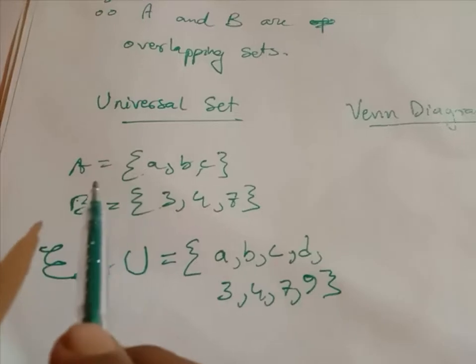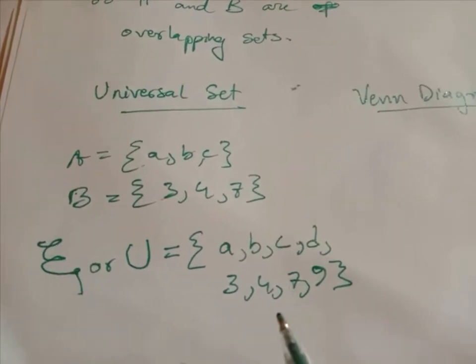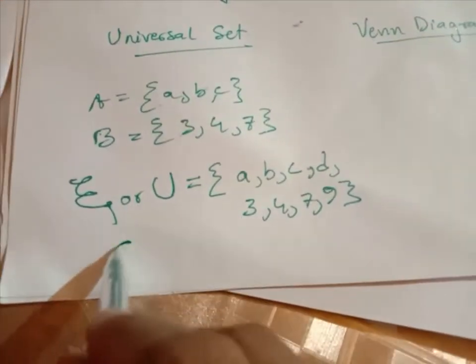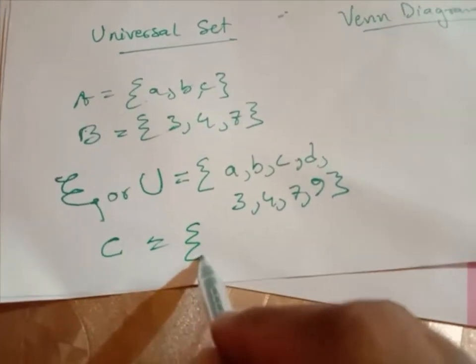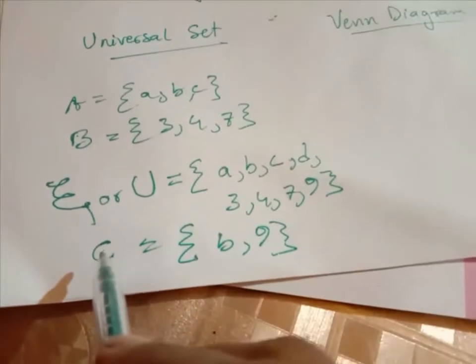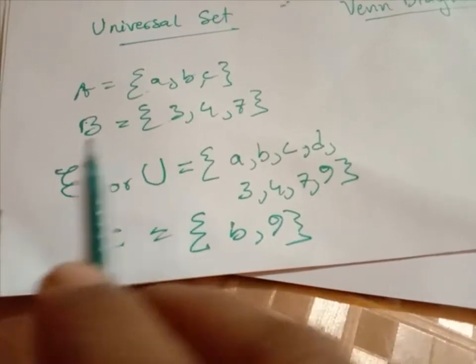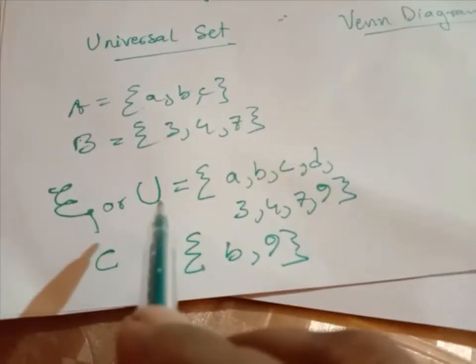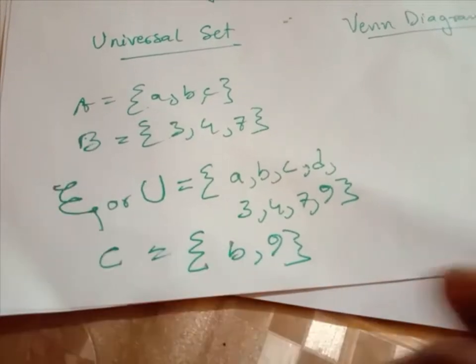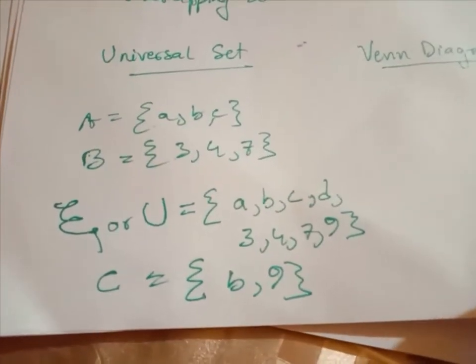So all the elements of set A are in U, all elements of B are in U. Here we can also write set C containing the elements B and 9. U is a universal set of C also, U is a universal set of B also, U is a universal set of A also. This is the concept of universal set.